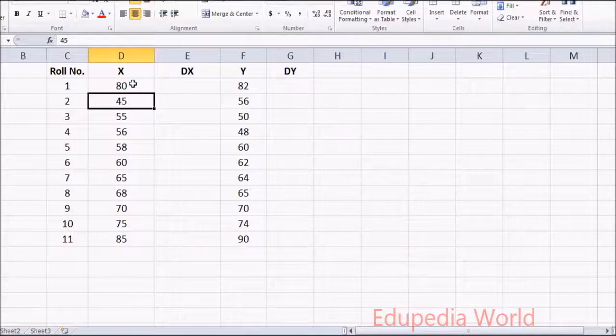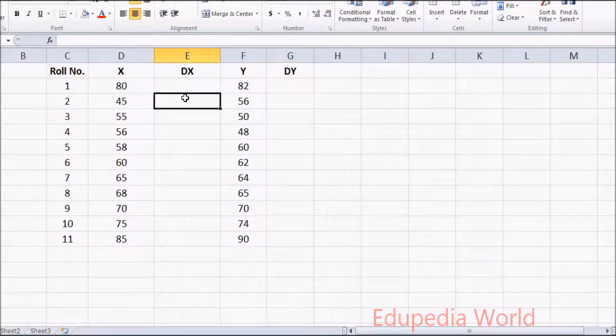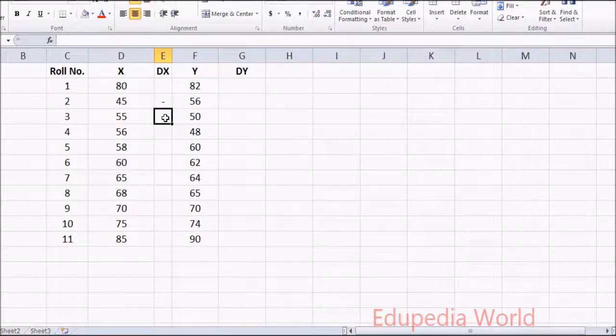It's going in the negative direction, therefore I'll mark this with a negative sign. And then we see that it's increasing this time from 45 to 55, so here the second value will be marked by a positive sign.